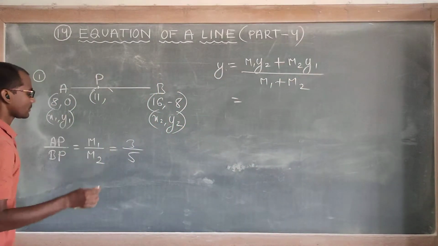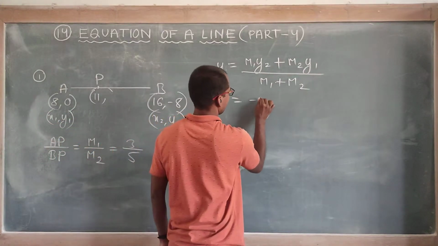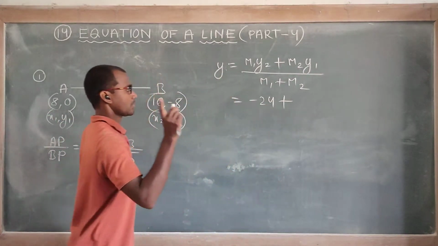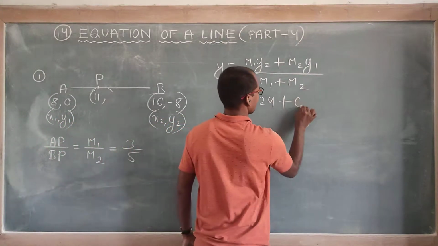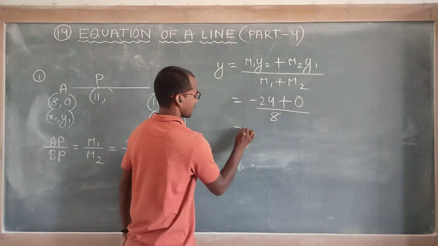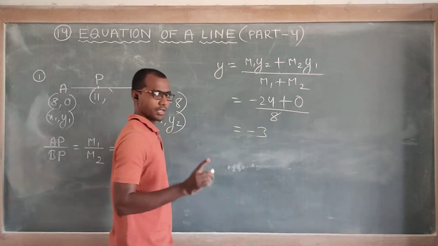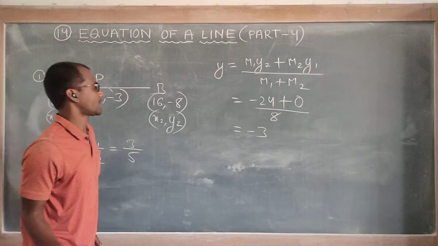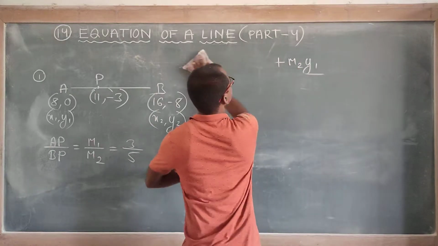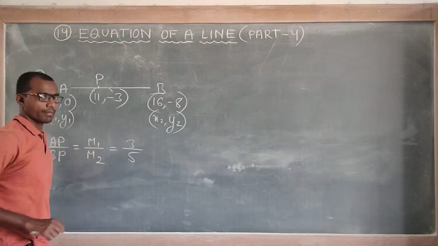What is m1 y2? 3 into -8, which is -24, plus m2 y1, 5 into 0, which is 0. m1 plus m2 is 3 plus 5, which is 8. So -24 by 8 is -3. y equal to -3. So the coordinates of point P are (11, -3).